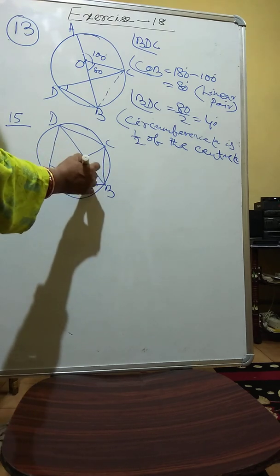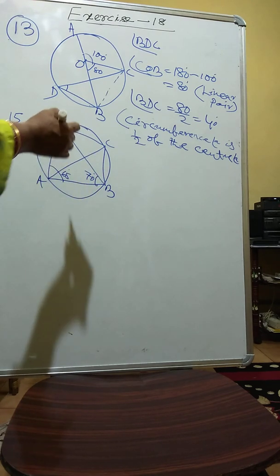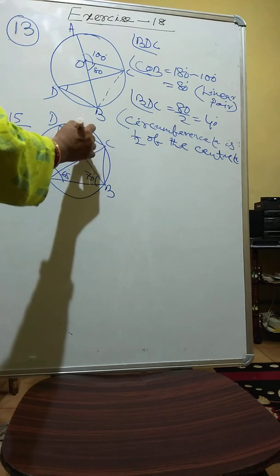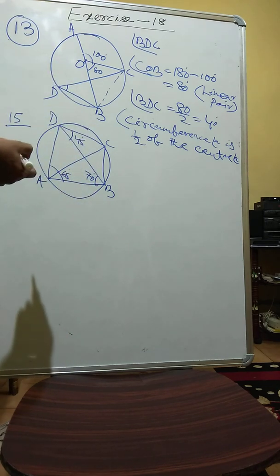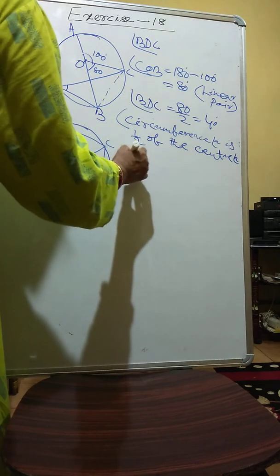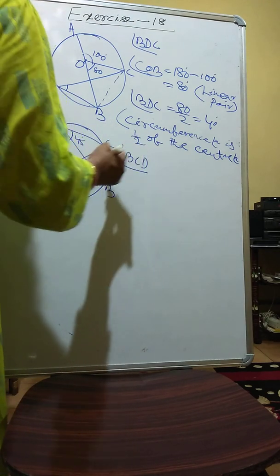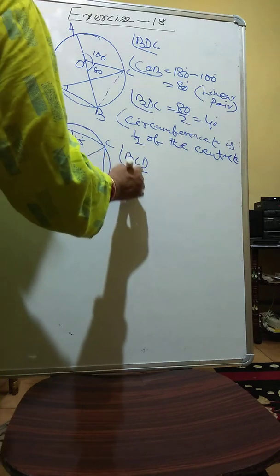This is 70 degrees, 45 degrees. We have to find out angle BCD and angle ADB.